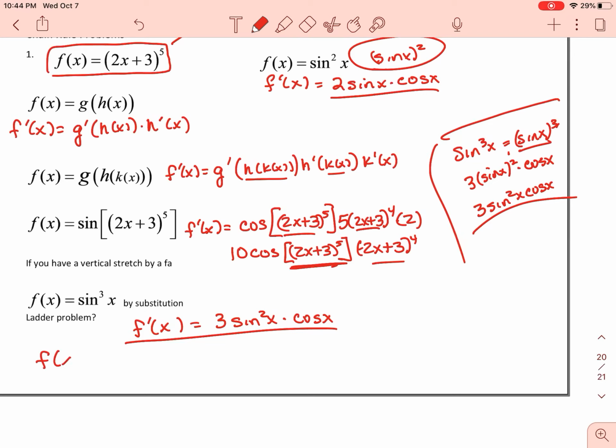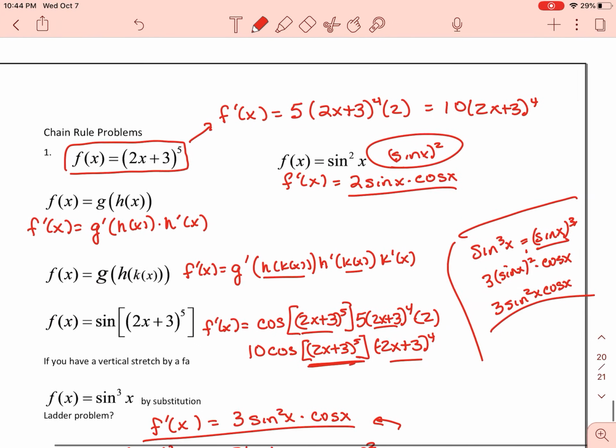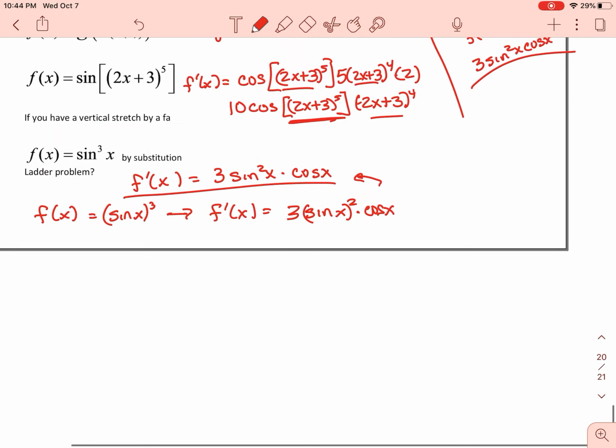Now, I think a lot of kids have a little bit of trouble with that until I rewrite that as the sine of x quantity cubed. So then f prime of x is much simpler seen as 3 times (the sine of x) squared times the cosine of x. And then you could rewrite it like that. So that will do it.